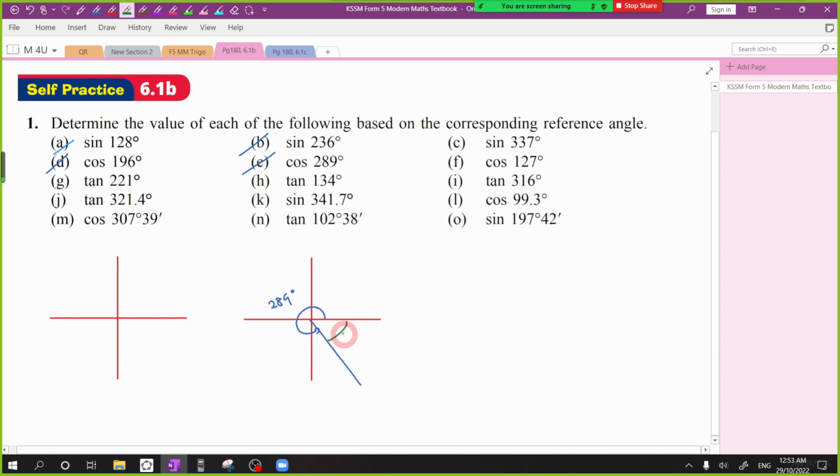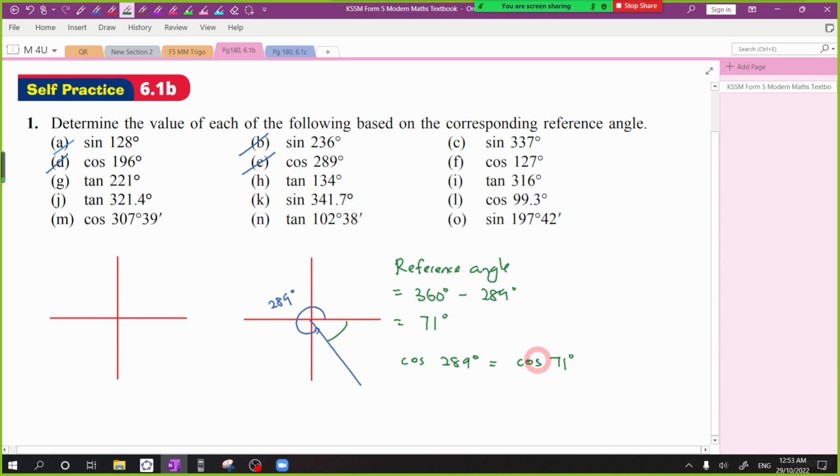And try to think, how do we get this angle? 360 degree minus 289 degree, right? This will give you 71 degree. Now, next step, cosine 289 degree is equal to cosine 71 degree.